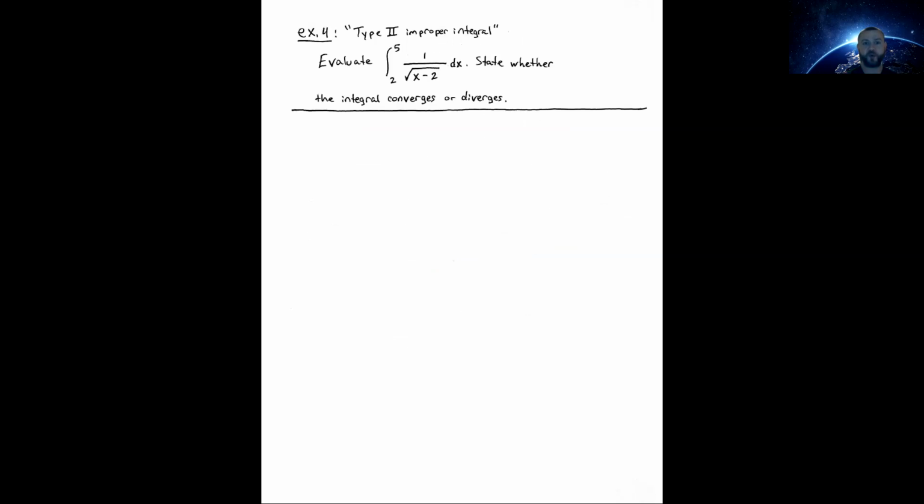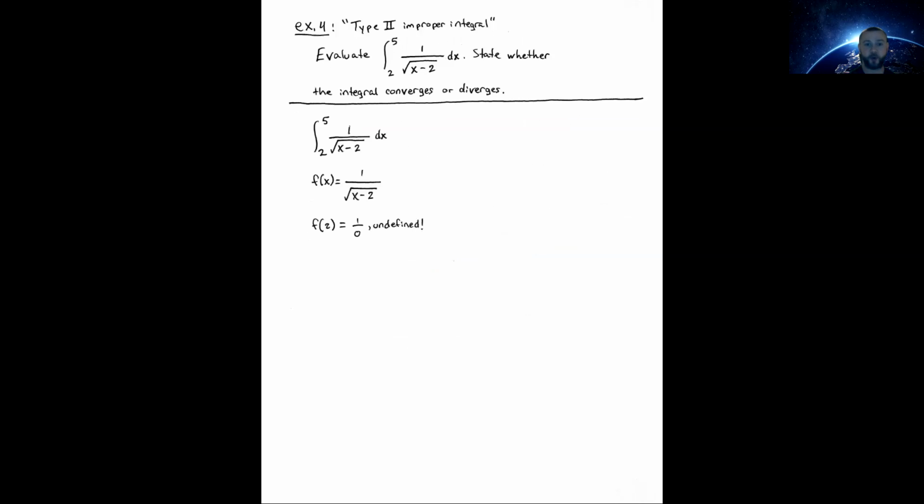All right, let's move on to our last example for part 1 of this video. So we're going to look at evaluating a type 2 improper integral. And notice here in the integral sign, you have the lower and upper limit as 2 and 5. So there's no infinities here. Hopefully you can see why this one is an improper integral.